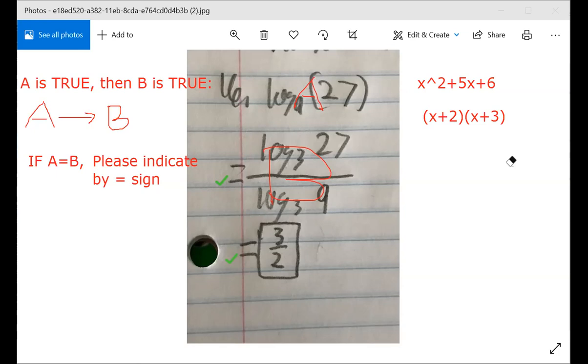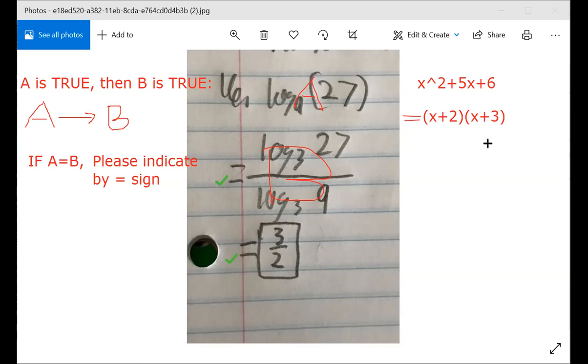I asked him what he thought, and this is his comment. He said, there should be an equal sign there, which agrees with what I was just telling you.